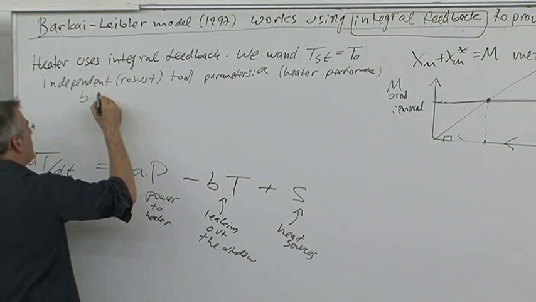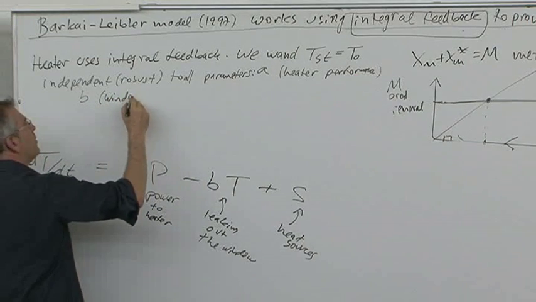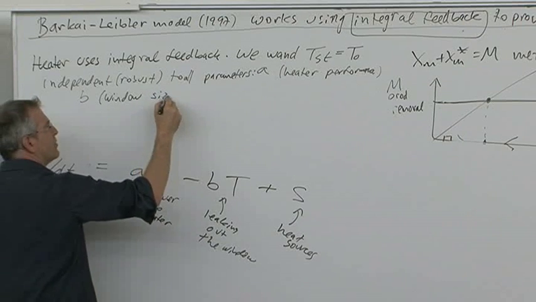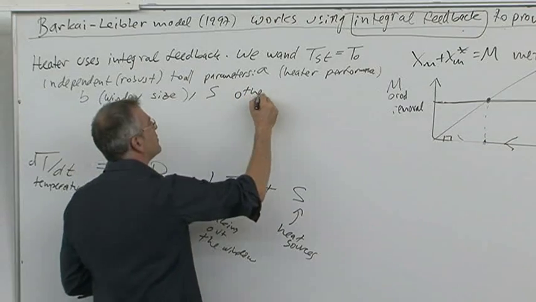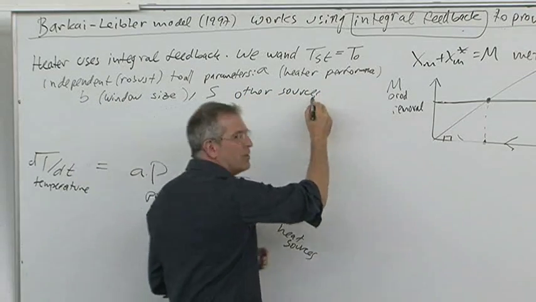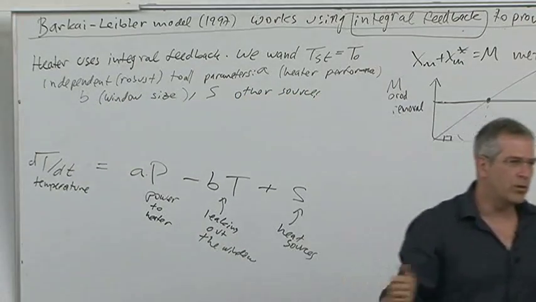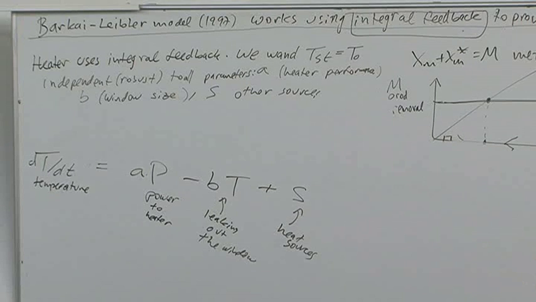B, the window size. This is basically the thermal coupling to the outside. S, the other sources. I want, no matter what I do, I open the window, I open the fridge, I put more people in the room, the heater gets old, okay? And the same amount of power stops giving you a good temperature. I still want to reach the same temperature. How do I do it?